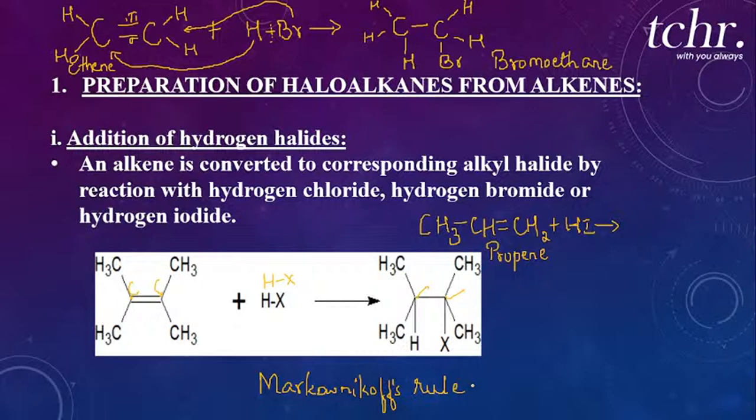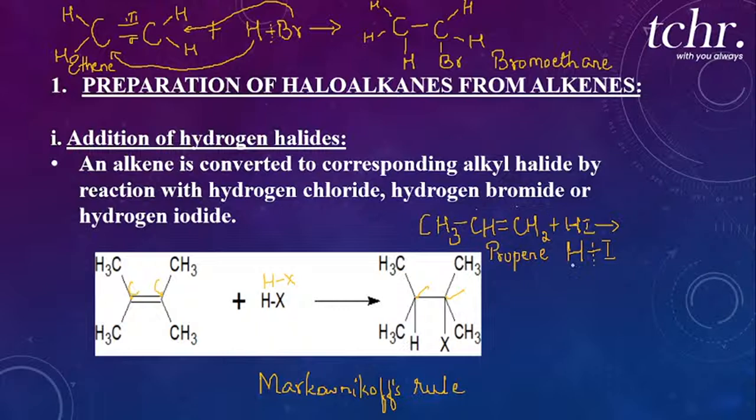You have studied this at your first PUC level. If you have forgotten what it is, once again I will tell you a simple trick to understand Markovnikov's rule. You know that in hydrogen iodide, cleavage of the bond between hydrogen and iodide ion takes place. How to add this hydrogen iodide to propene, dear students? You add hydrogen and iodine across the two doubly bonded carbon atoms.